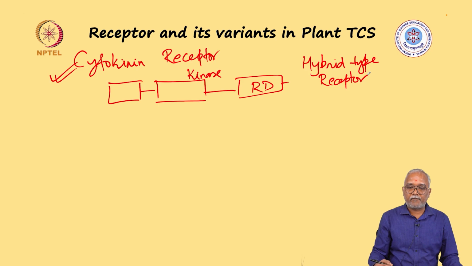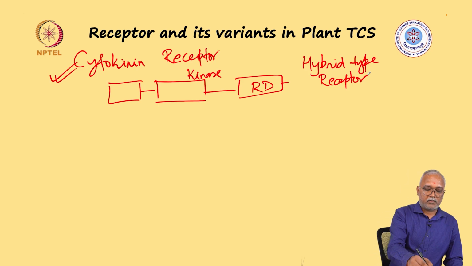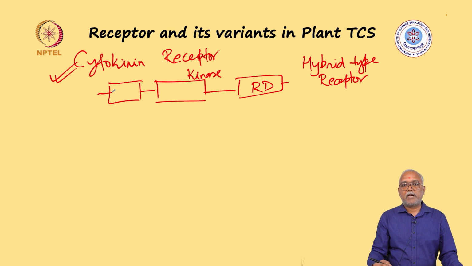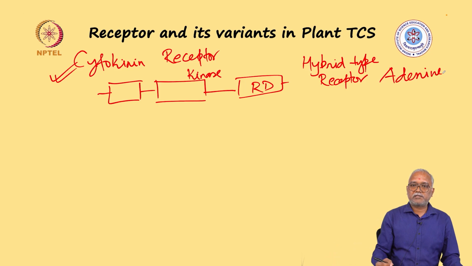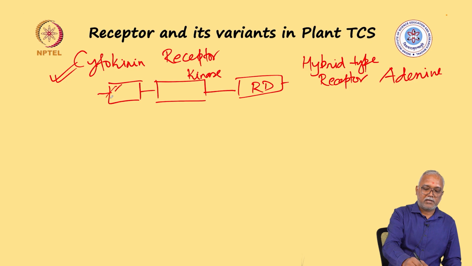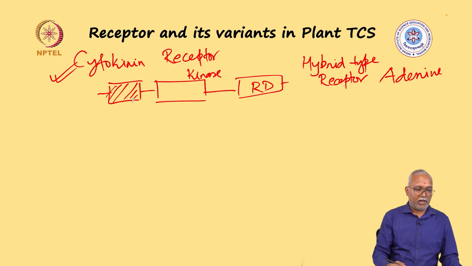Lot of studies have been performed in Arabidopsis, from where people know that multiple different types of receptor for cytokinin do exist. So cytokinin is a small molecule. I told you it is synthesized in plant roots, and it is derivatized from adenine. So it's a small molecule which is sensed by this extracellular domain, which has this ligand binding activity. There are multiple of these which have been identified.